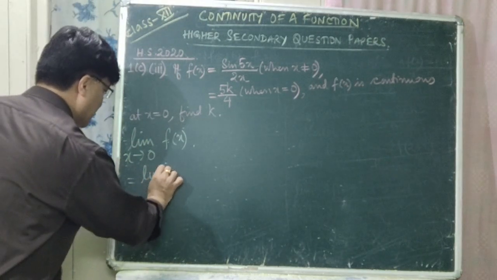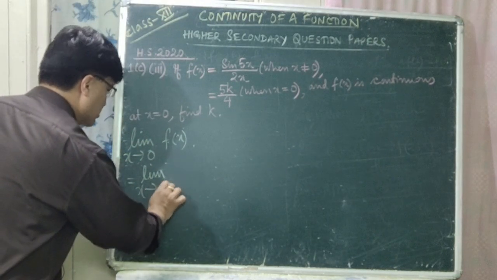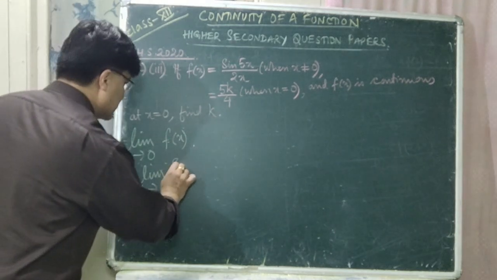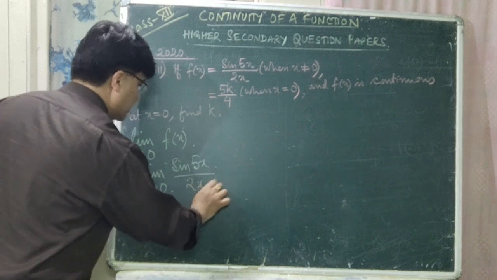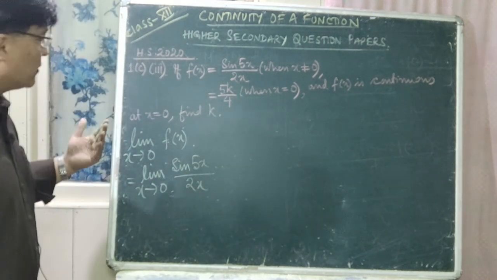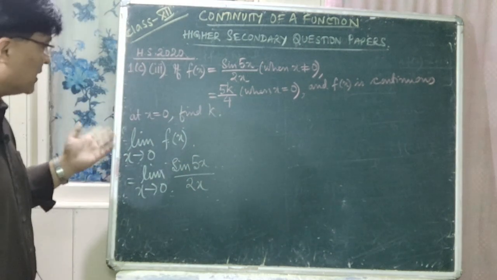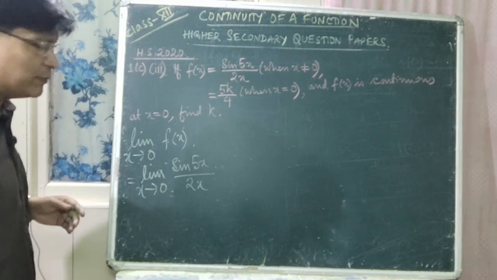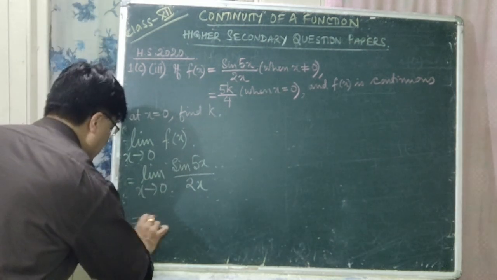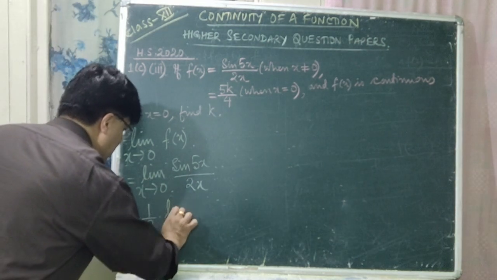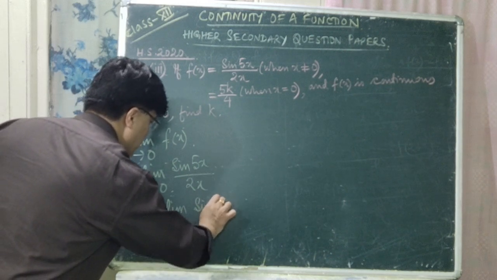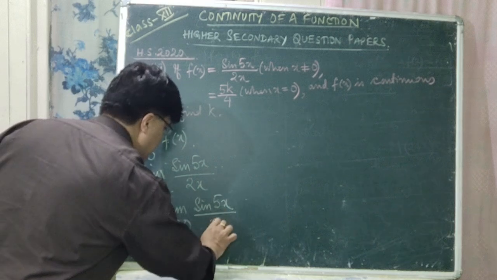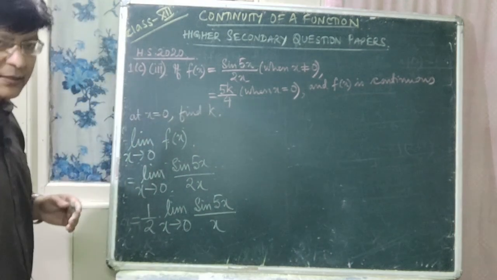So it is equal to limit x tends to 0. What is f of x in this case? It is sine 5x divided by 2x. Here you can convert this limit into a standard limit. Half is a constant, so half is taken outside. So limit x tends to 0, this is your sine 5x divided by x, right?